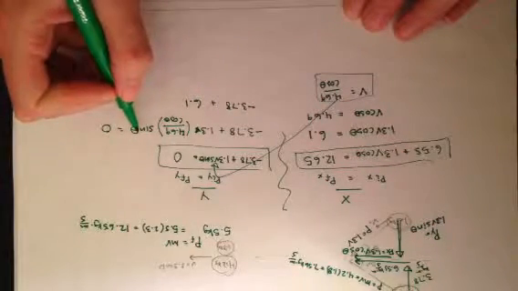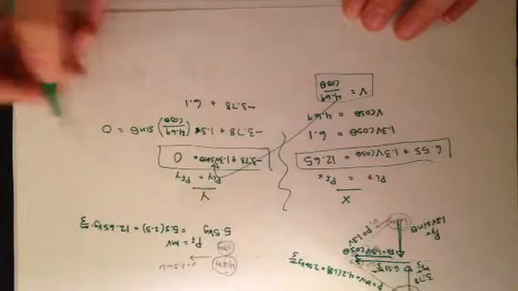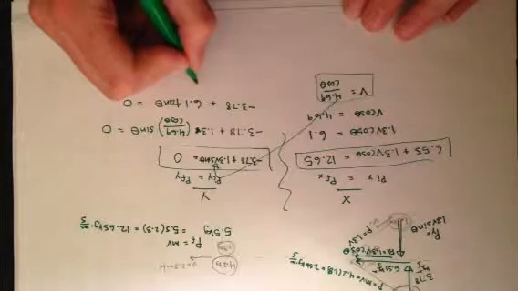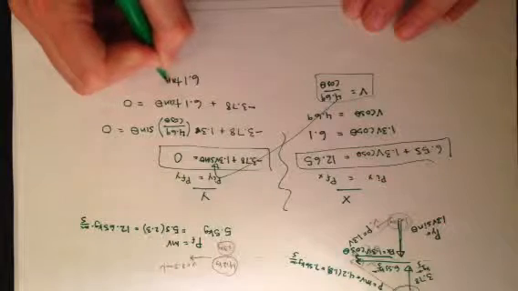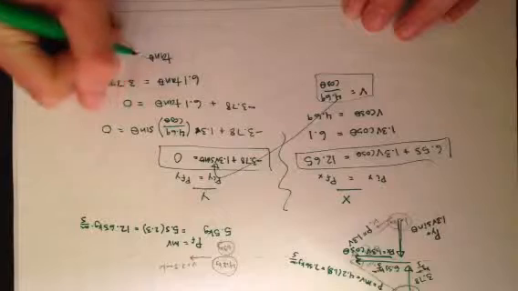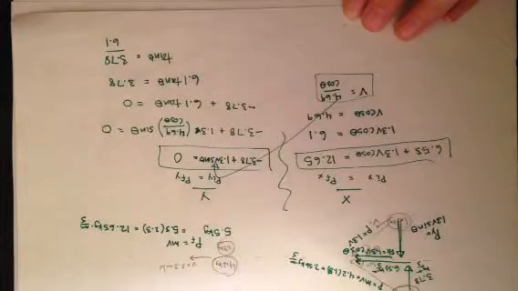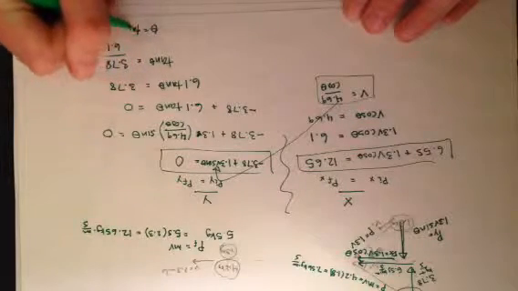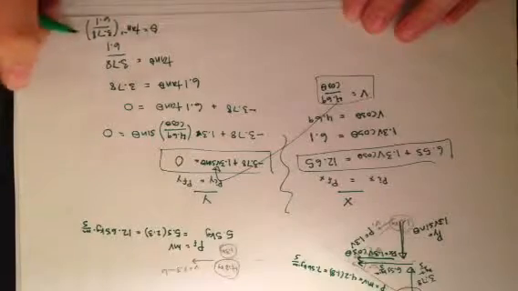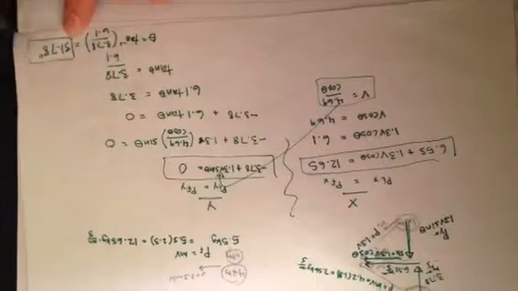Sine of theta over cosine of theta is tangent of theta, so 6.1 tangent of theta equals 3.78. Tangent of theta equals 3.78 over 6.1. Then theta is the inverse tangent of 3.78 over 6.1, which gives about 31.78 degrees. Great, we found the angle.